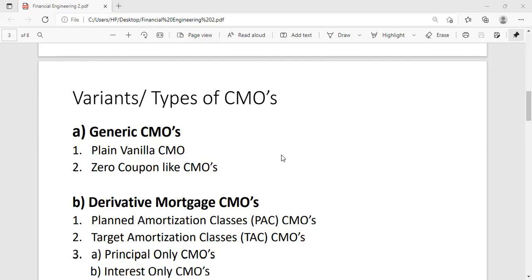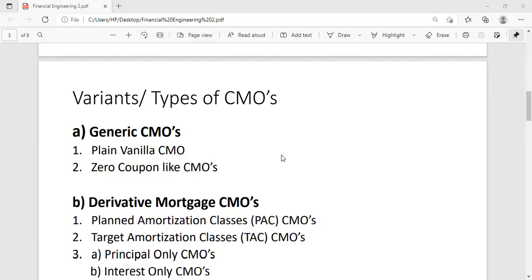Okay, I will discuss the residuals later anyway. How do CMOs in that case reduce prepayment risks? The maturity of tranches here generally shows an ascending pattern, with the first tranches having the shortest life.